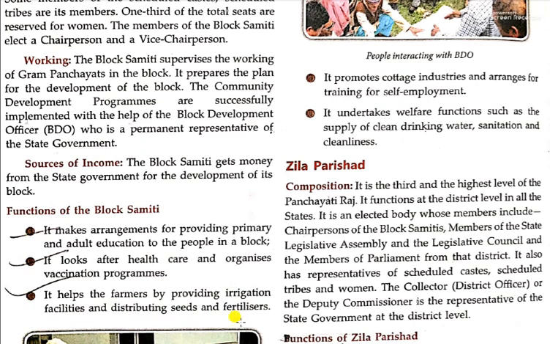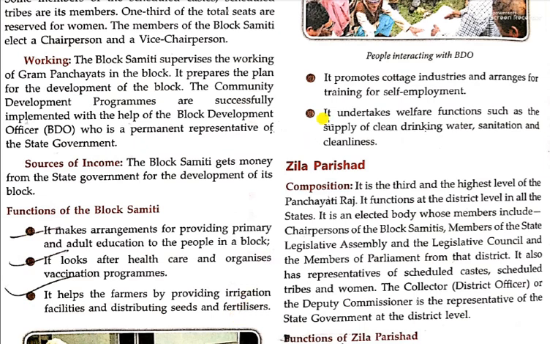Now, fertilizer is either a natural or a chemical substance which is used to make the plants grow faster and much better. So they provide proper water supply, and also distribute seeds and fertilizers.